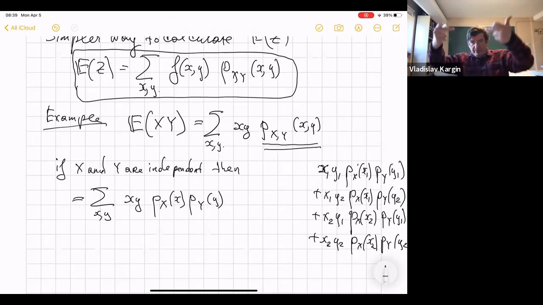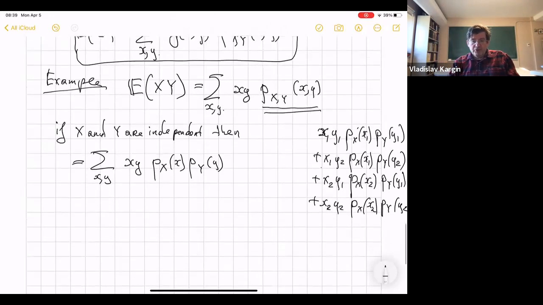So it is a sum over all possible x and y. Here I denoted x1 y1 as one possible value of x and y, and x1 y2 is another combination. So you just sum over all possible combinations.